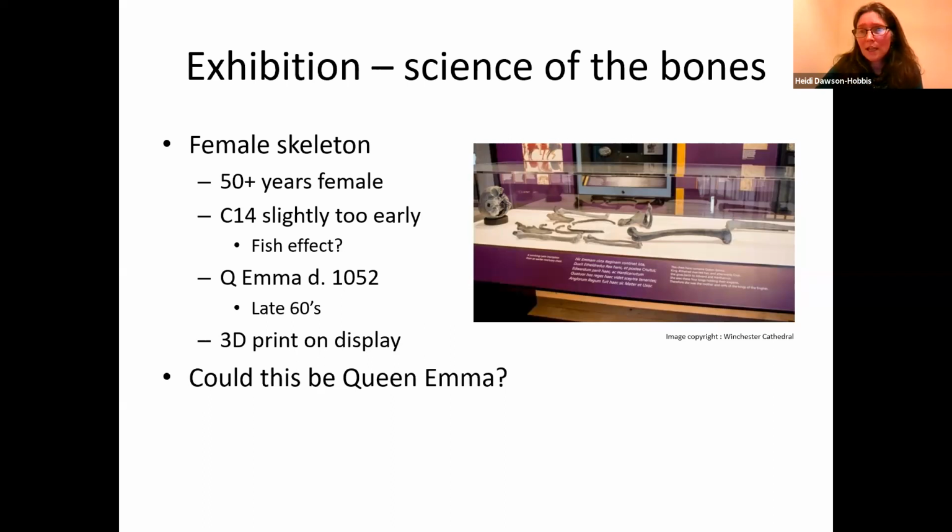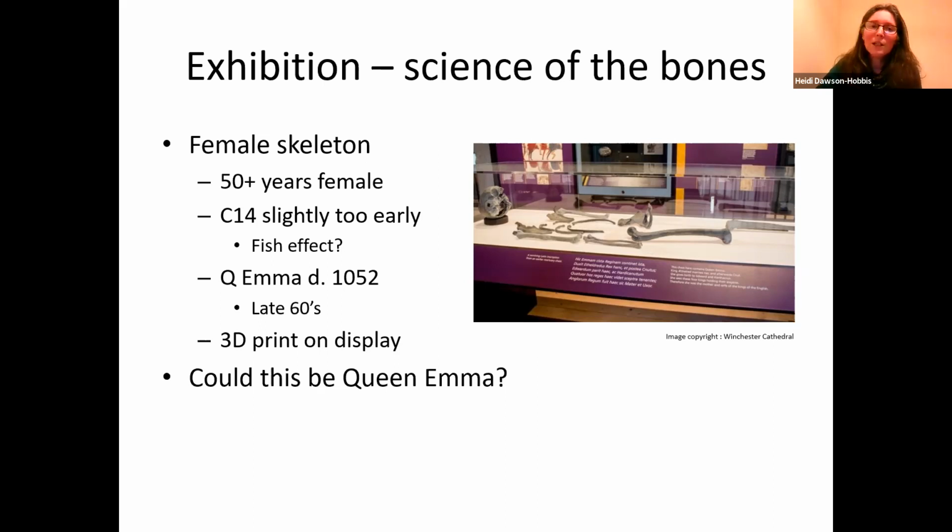If we look at the carbon-14 dating, and if you go to the exhibition you'll see the panels talking about this, the dates are actually slightly too early for Queen Emma's death in 1052. But because she has these high nitrogen levels that seem to show up in the bone, it could be that she ate a lot of fish during her lifetime.